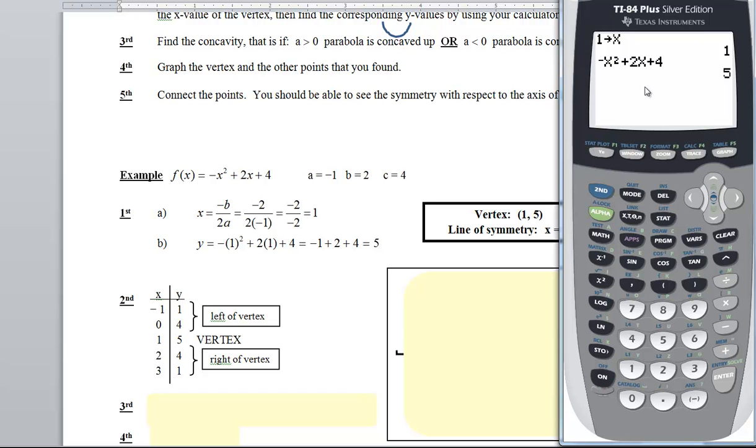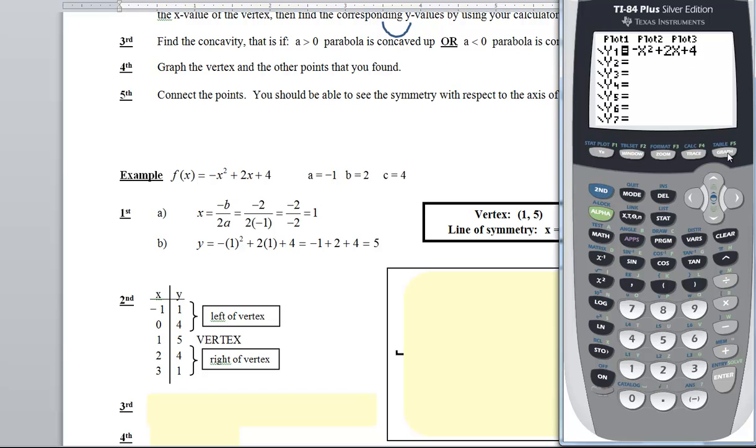Remember that was the last thing I did? So if I go here, I can do second enter and it will paste it in. Saves you time.